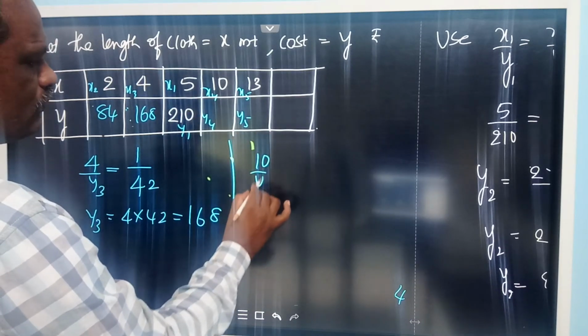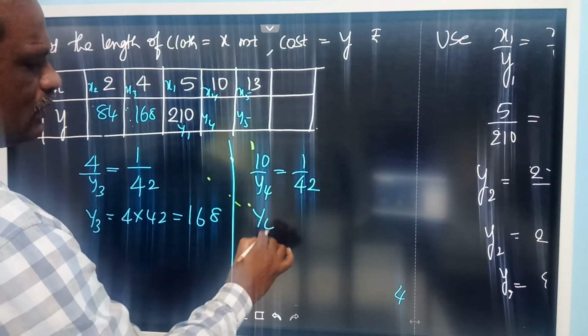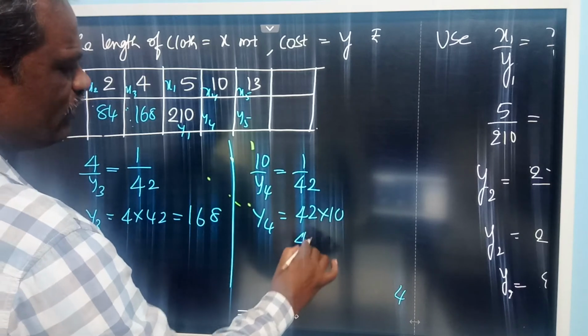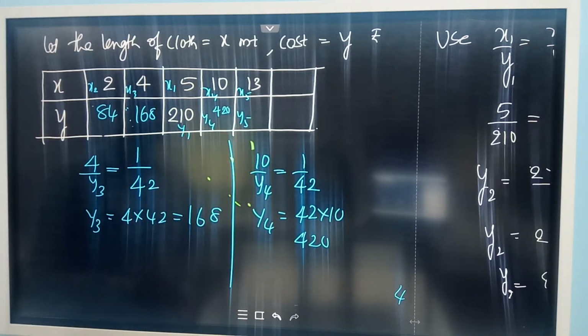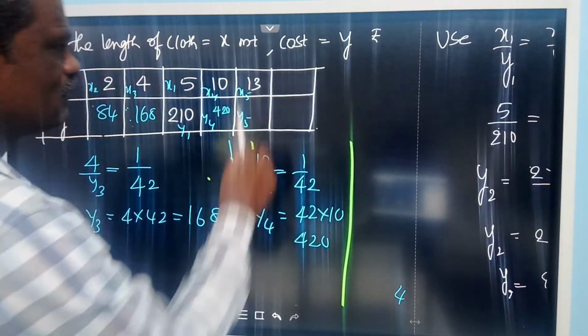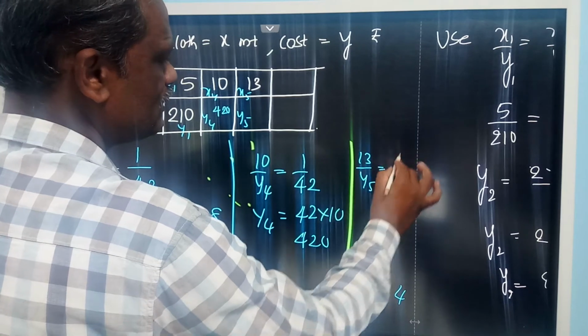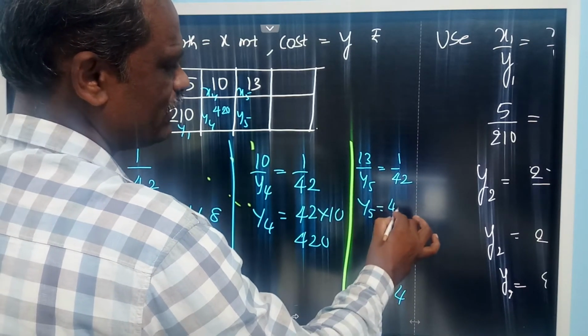10 by y4 is equal to 1 by 42. So y4 is equal to 42 into 10, 420. Then similarly, 13 by y5 is equal to 1 by 42, so y5 is equal to 42 into 13.